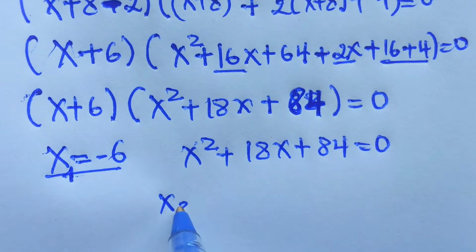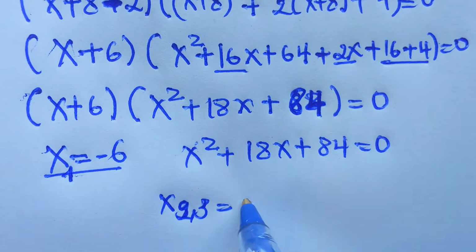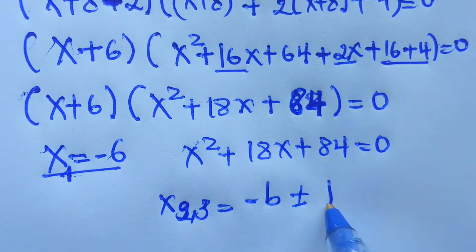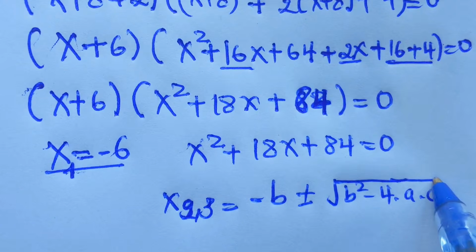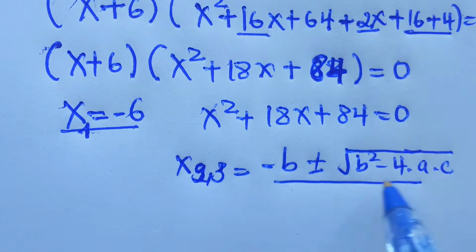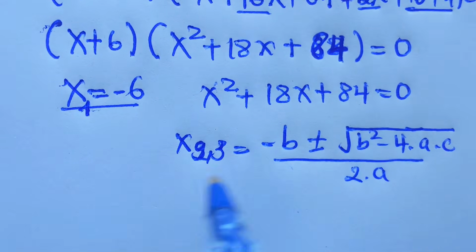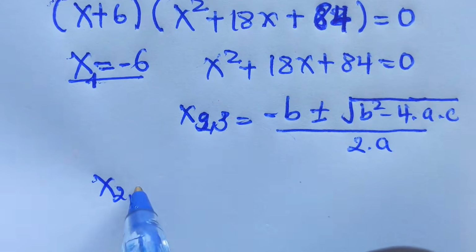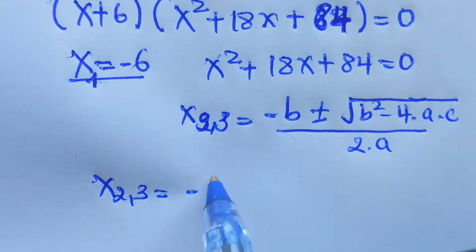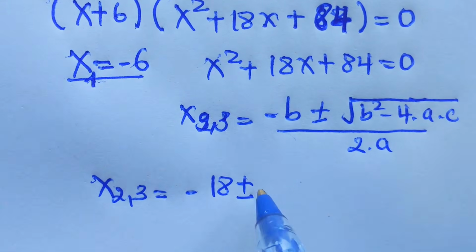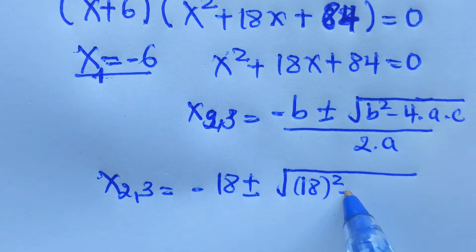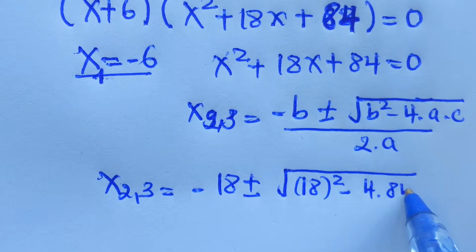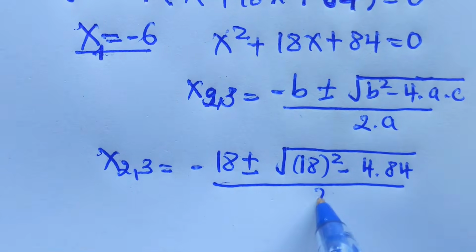We have to find x2 and x3, which equal negative b plus or minus the square root of b squared minus 4ac, over 2a. So x2 and x3 are negative 18 plus or minus the square root of 18 squared minus 4 times 84, over 2.